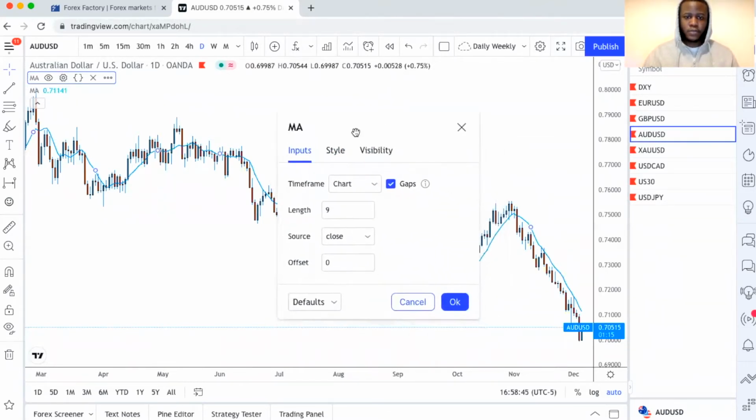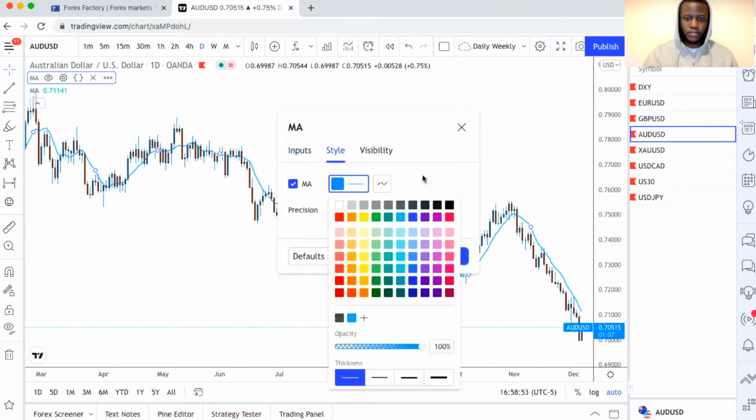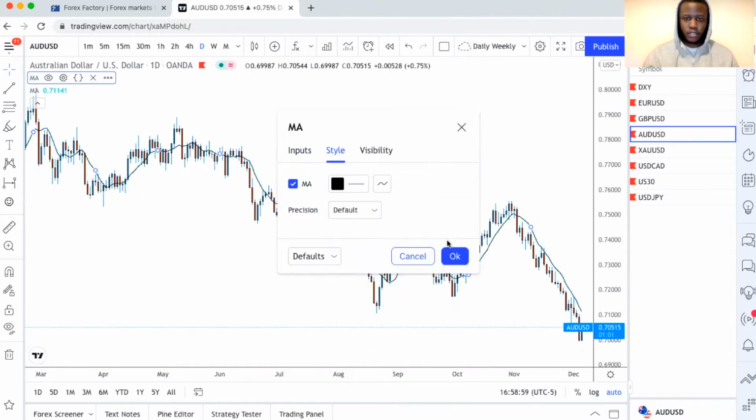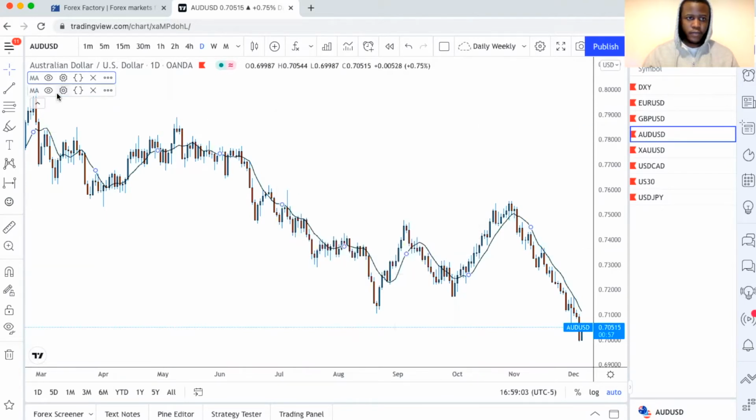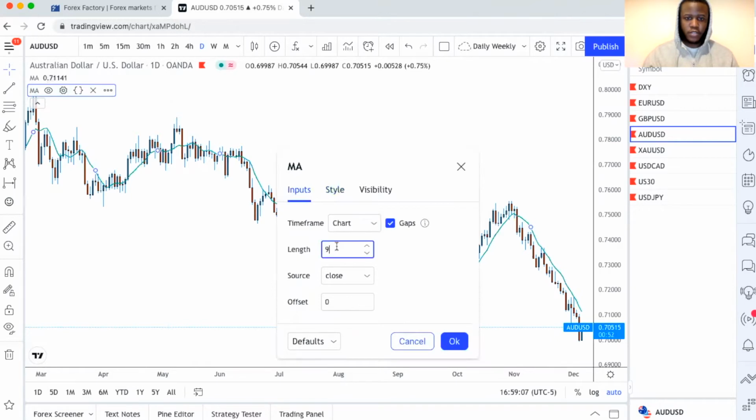But for the first one, you want to make sure the length is at 9. And you could put whatever color you want. For me, I'll use black for the first one. And for the second one, the input, you want to put it at 18.